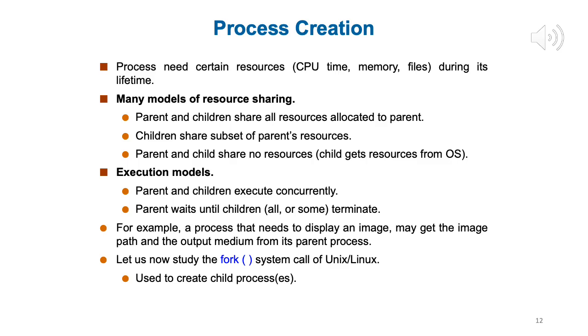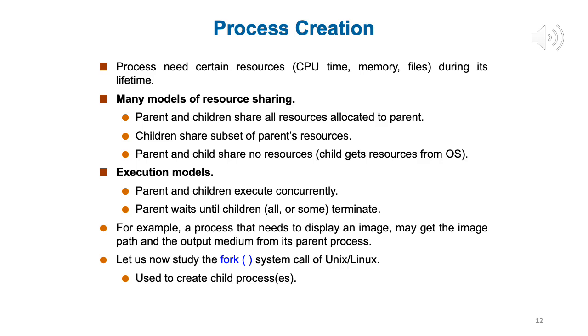Okay. So one model is that parent and child share all resources allocated to the parent. The parent will get allotted a chunk of memory, and according to this model, all the child nodes have to live in only that chunk of memory. They won't be assigned any other address space, right? Likewise, the CPU also they have to share with the parent.